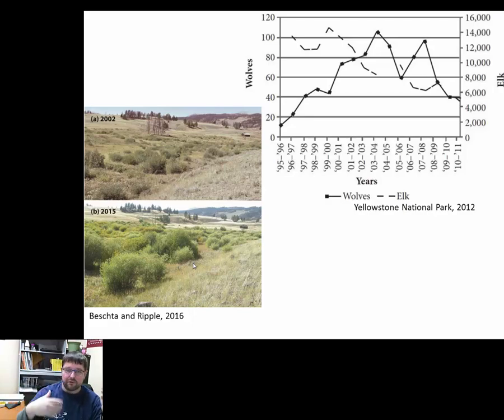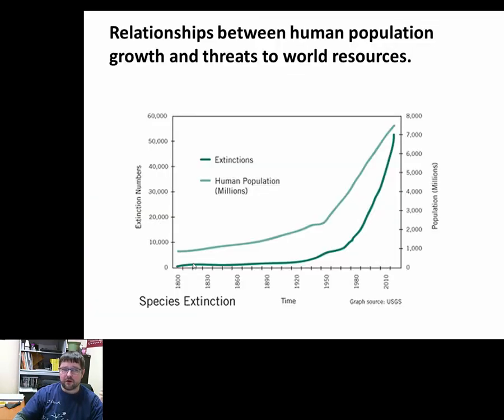You remove the predator on top, its prey gets released, they have the ability to grow. Okay, and by knowing this and having this understanding of the cycles, we now can manage populations in a better way. So we often want to know, what is the relationship between human populations and animal populations?